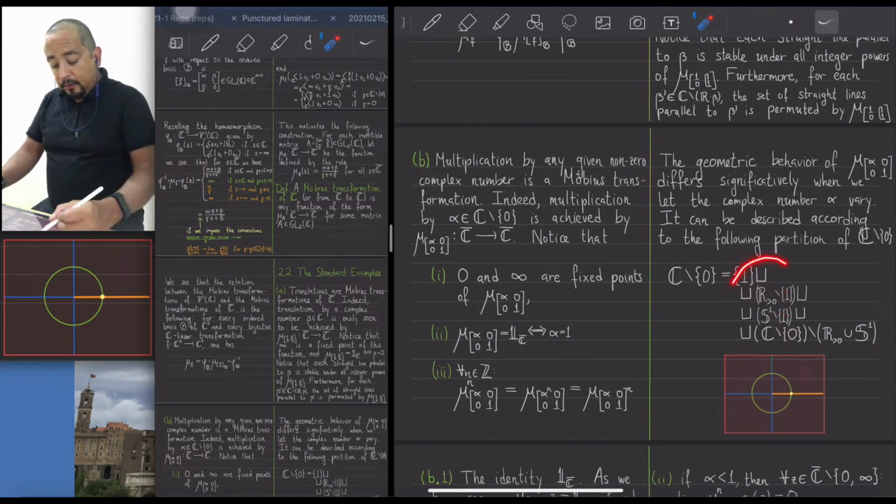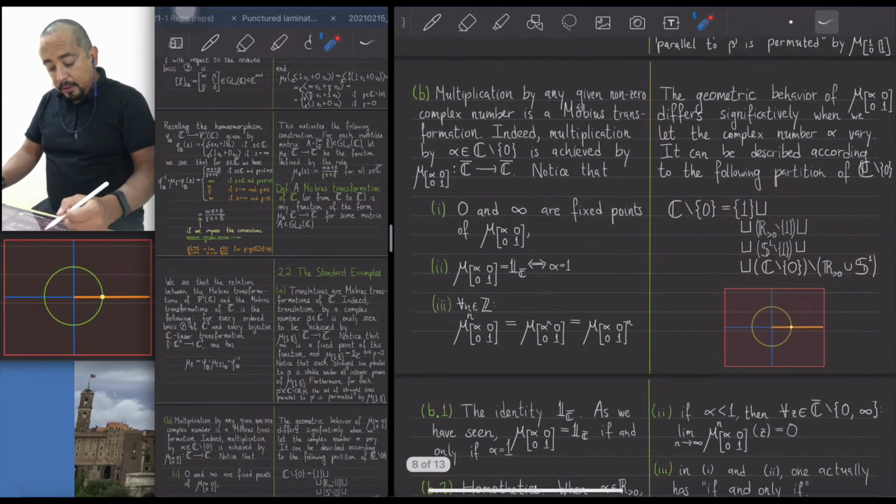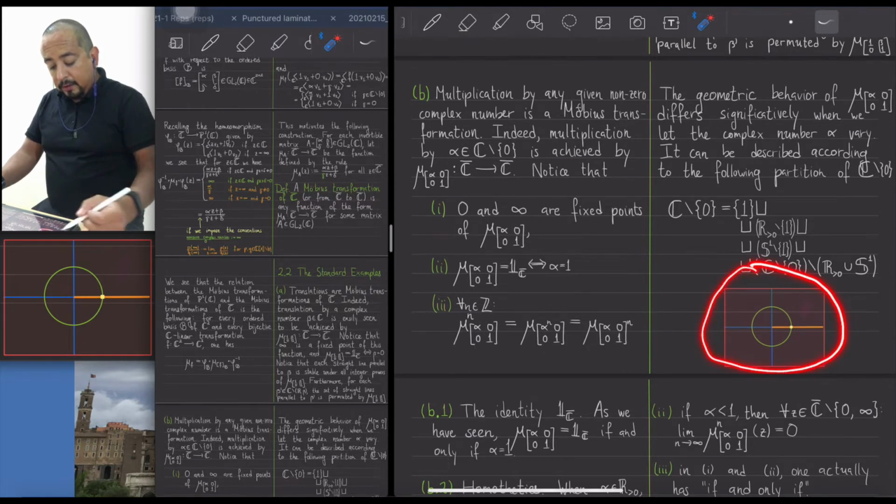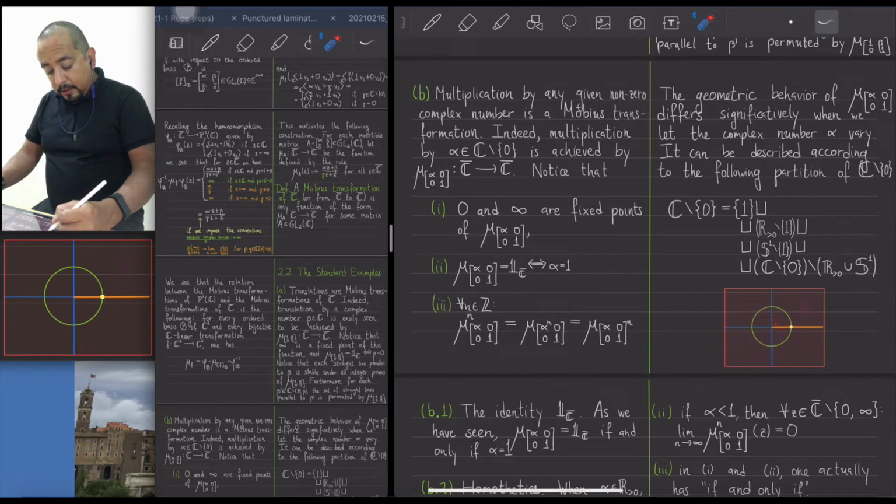And these sets, of course, give me a partition of C minus 0. Right? And you can visualize the partition here: here is 1, here are the positive real numbers different from 1, the circle minus 1, and the rest.